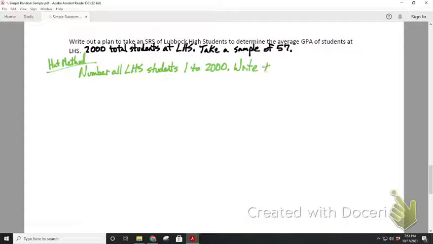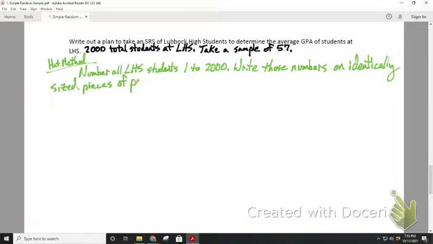Step two, write those numbers, and as long as I say hat or bowl somewhere in this sentence, then the reader will know what I'm talking about. On identically sized pieces of paper, place in a hat and mix well. That mix well is crucial.